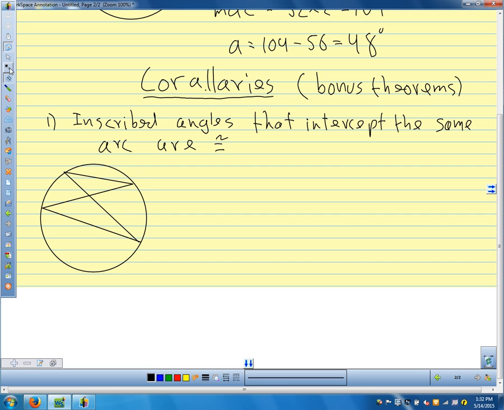So I'm going to call this angle A and angle B. Angle A and angle B both intercept the same arc. So we'd say angle A is congruent to angle B. Because they intercept the same arc, they have to be congruent. Because to get to both angles, we divide the arc by 2. We're dividing the same thing by 2, so they have to be the same.